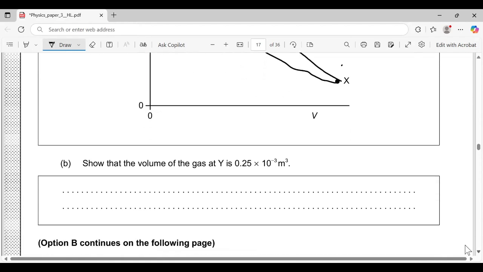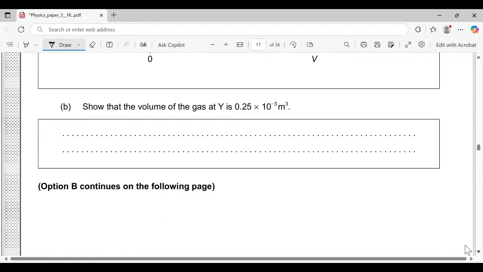Next question. Show that the volume of the gas at Y is 0.25 times 10 to the power minus 3 m cubed. For an isothermal process, the ideal gas law gives Px Vx, pressure times volume, equals Py times Vy. We are going to find Vy, so we set this formula with Vy as the subject.